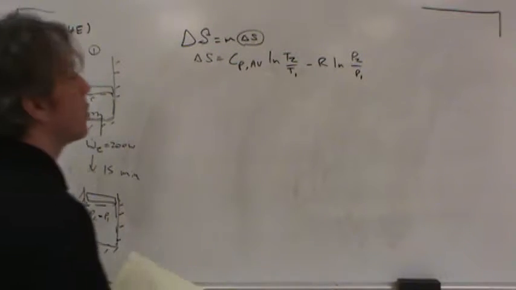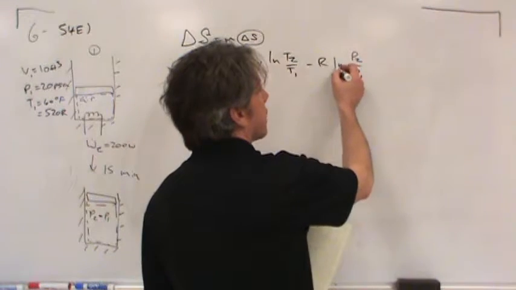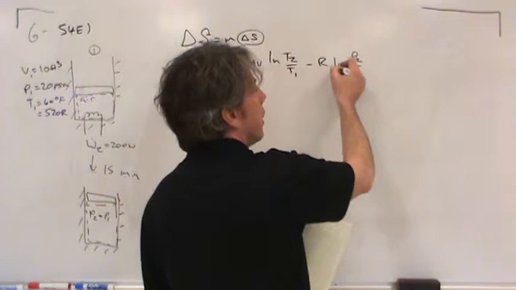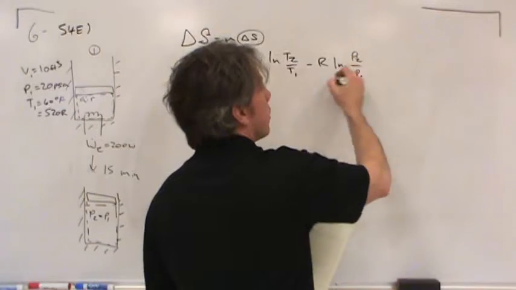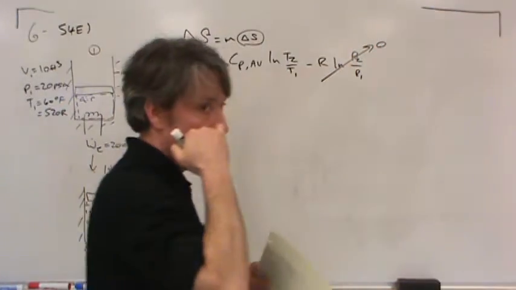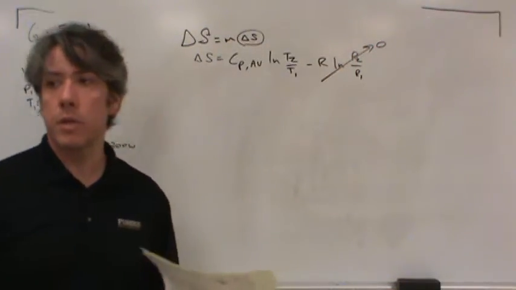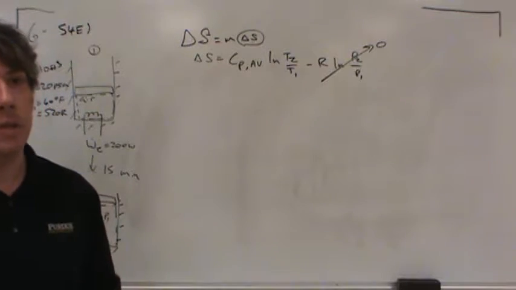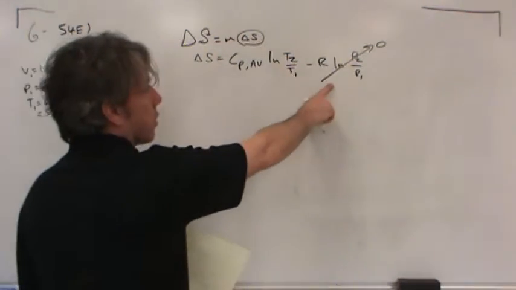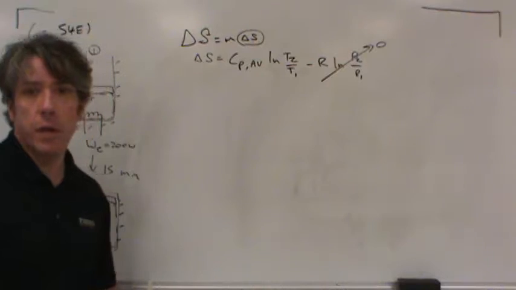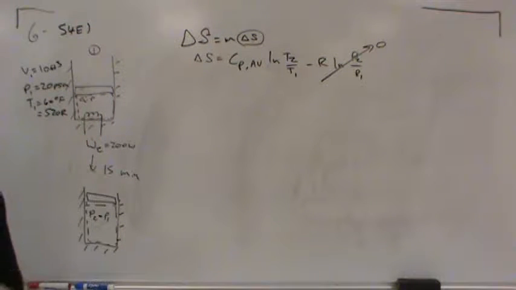Did you notice that the pressure remains constant, and so the natural logarithm of P2 over P1 would be equal to the natural logarithm of 1, which is 0? You can use either one of those two equations you want. It does not matter. You'll get the same result, but it's easier to use this one because then I don't have to deal with volumes. I can deal with pressures, which are known. Notice I don't know the volume yet in state 2. I expect it to be more.